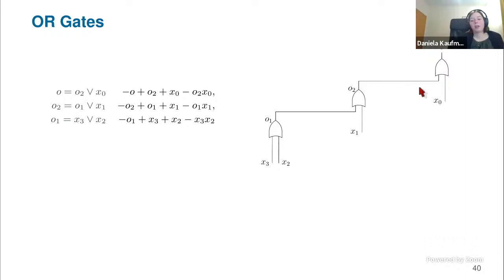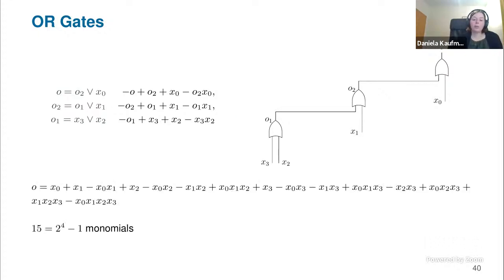So here I have a sequence of 3 OR gates, and when we want to represent the output of the last OR gate in terms of all the inputs, we need to remove these 2 variables, O1 and O2. If we do this step by step, we get a polynomial with 15 monomials.